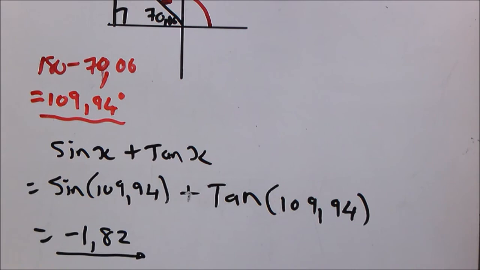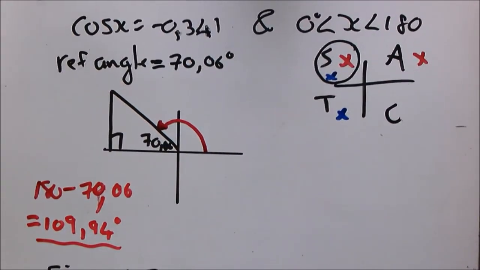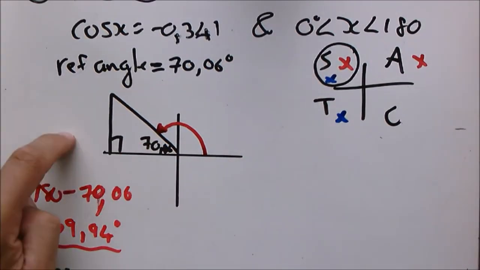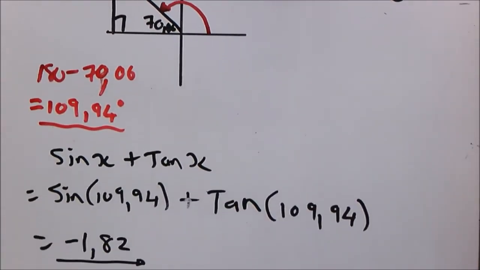It's actually 1.816, but we round off to two decimals, so it's negative 1.82. So there you have it. Again, remember the importance of determining your quadrant, use a triangle, and then calculate the unknown.